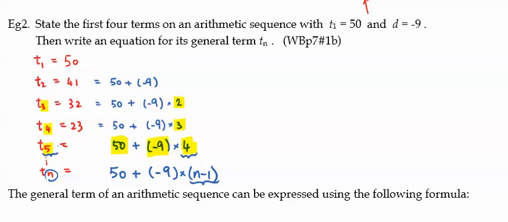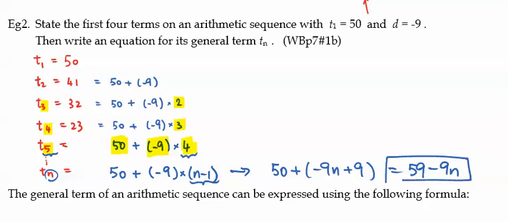So altogether, you can simplify this to 50 plus -9n plus 9, or altogether 59 minus 9n. And this will be the formula to figure out your general term. It works pretty similar to y equals mx plus b.